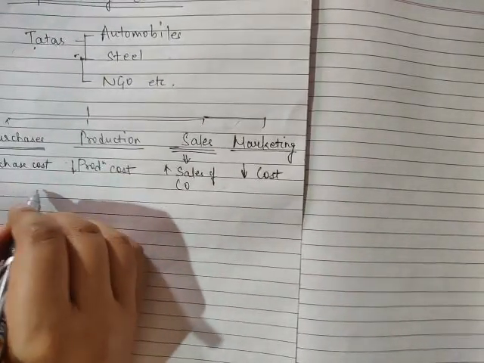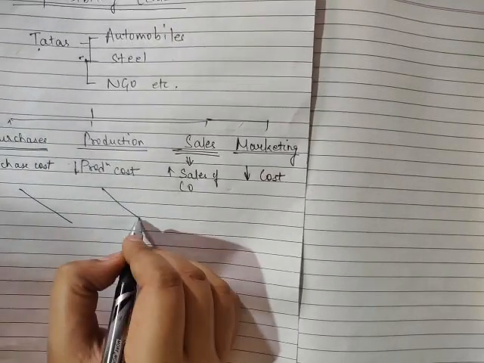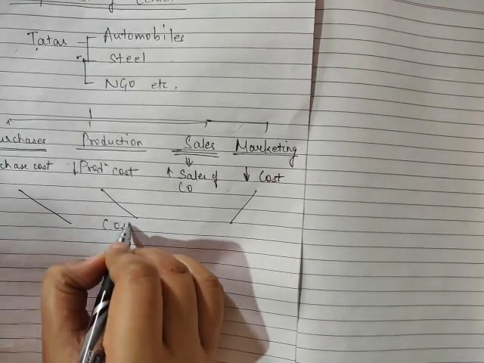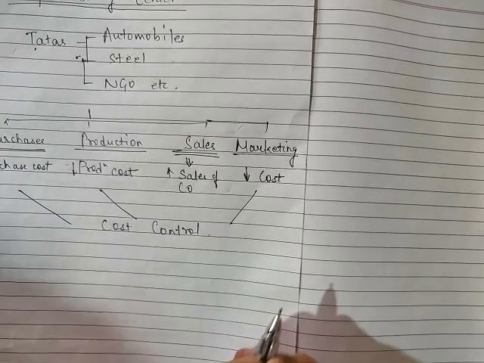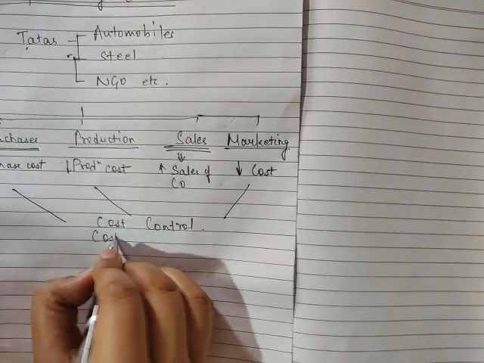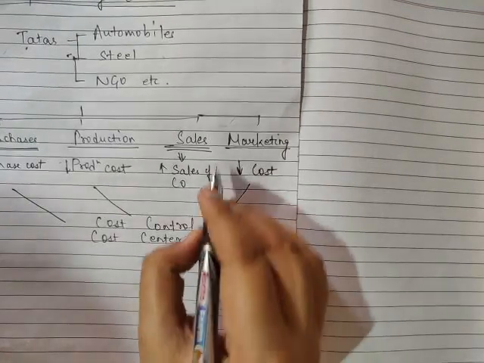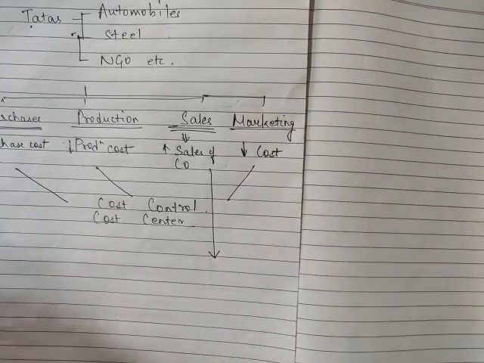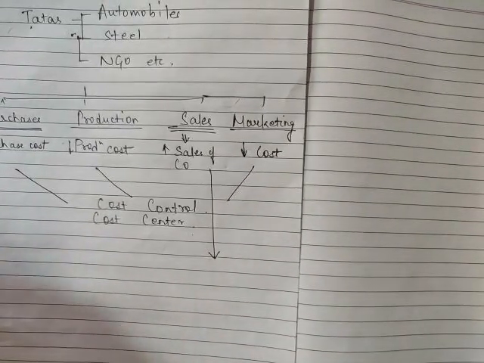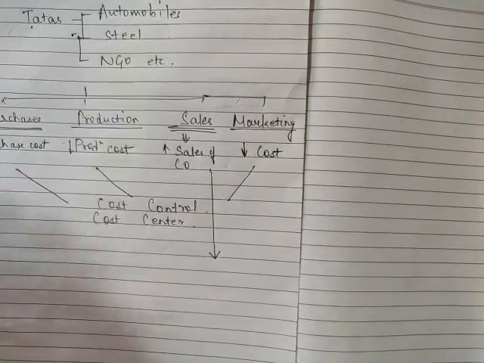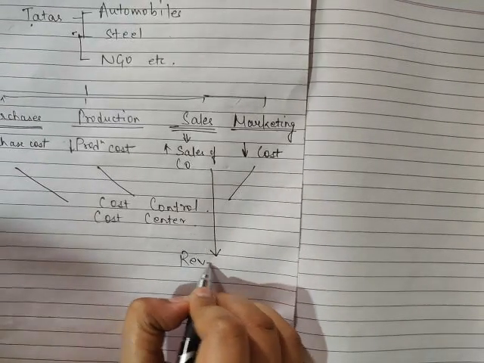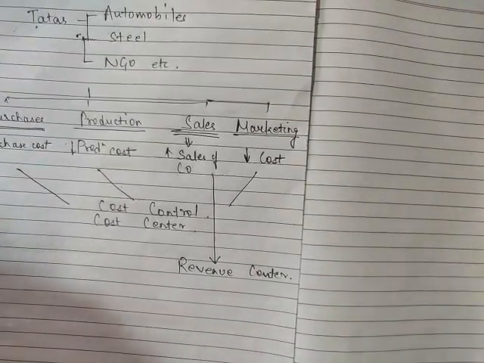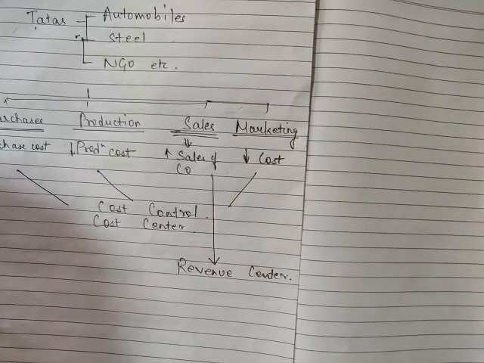So if you see, all these three departments, purchase, production, and marketing, are actually responsible for cost control in their respective areas. So these are known as cost centers, whereas the sales department is focused on increasing the sales, and sales is something which will bring in revenue for the company. So it is a revenue center. Higher the sales, more the revenue. Lower the sales, lower the revenue.